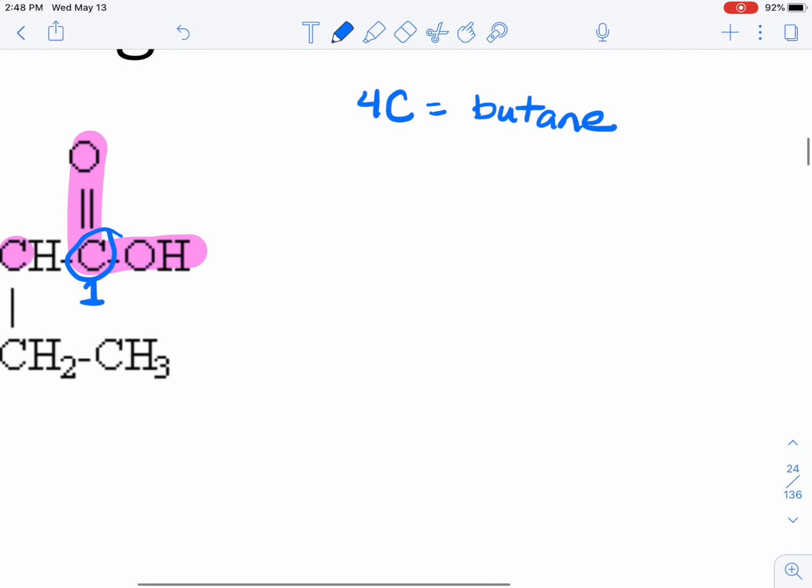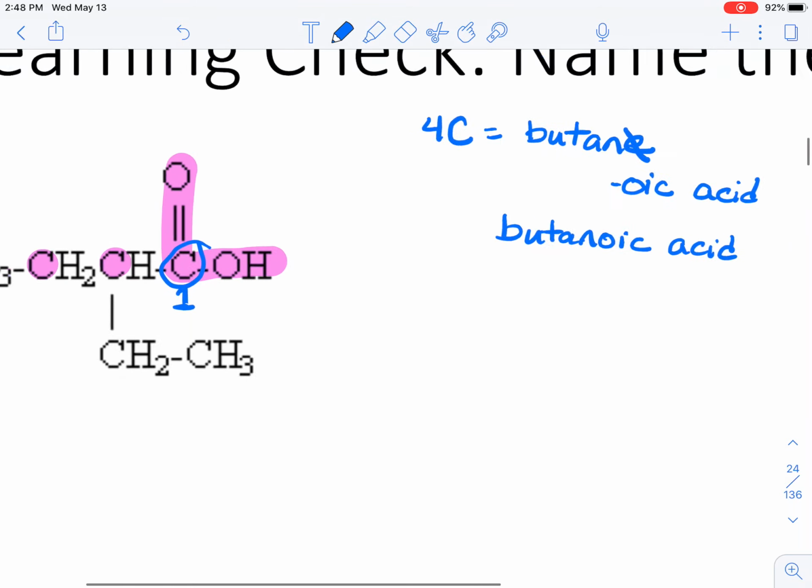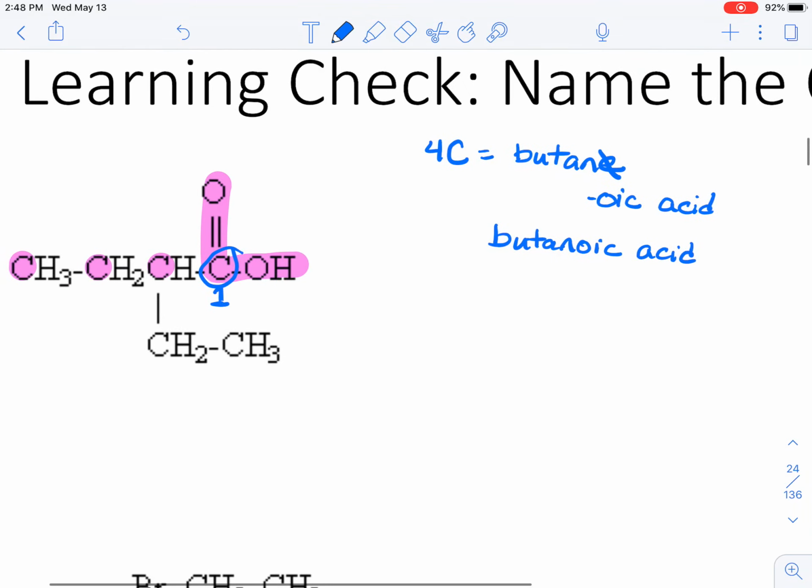I recognize I have a carboxylic acid, so I'm going to take the E out and put in the -oic ending with the acid. Putting all of this together, I have butanoic acid, and that's going to be my parent name.